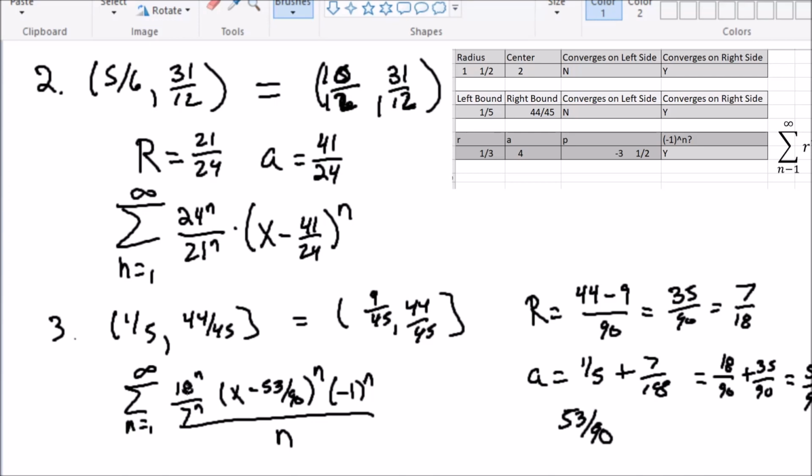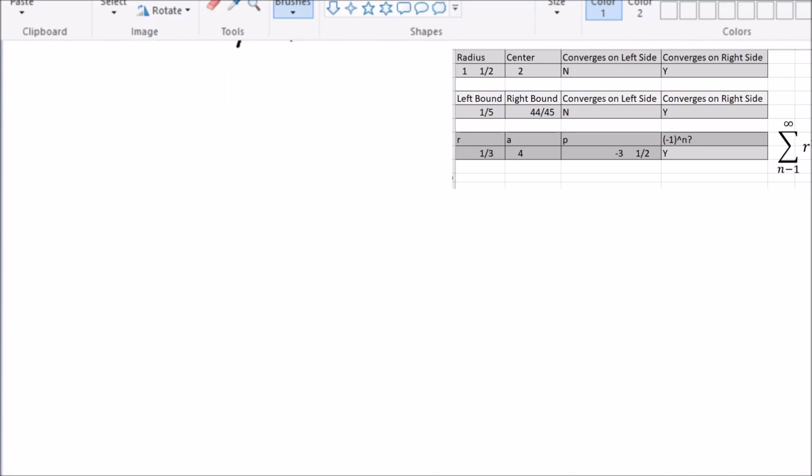So if I want to rewrite this in a little more clearer fashion, 18 to the n over 7 to the n. Alright, so let's do 2 more in this vein.